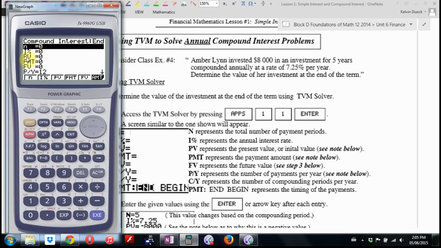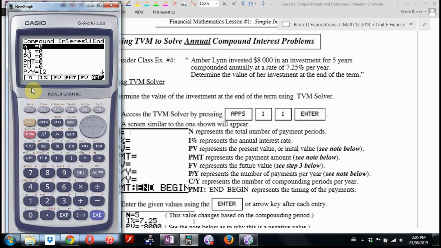What do you think PV stands for? This stands for present value, principal. What do you think payment stands for? Payment, if you're making payments. So this will actually handle making payments during the loan, which otherwise is very, very tough. If PV stands for present value, what do you think FV stands for?